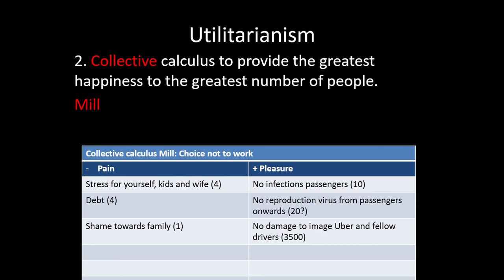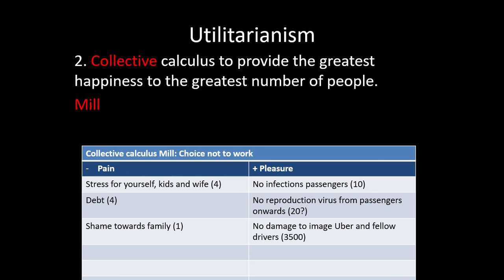And it's in sharp contrast with the right side, because no infections of passengers or customers. You might figure that the least thing probably on a day of work is 10 passengers or customers. They are not infected. At least there's no risk that you're going to infect them if you stay at home.